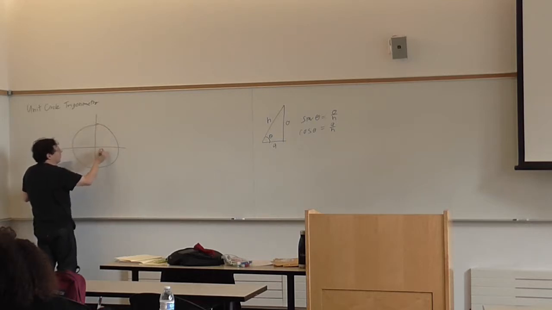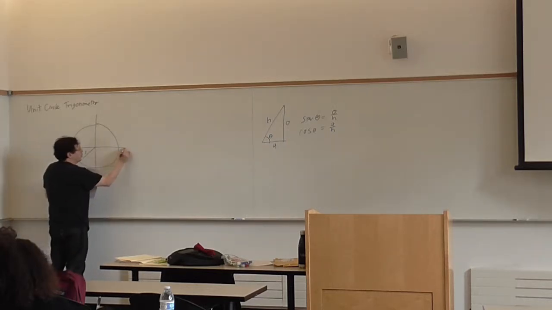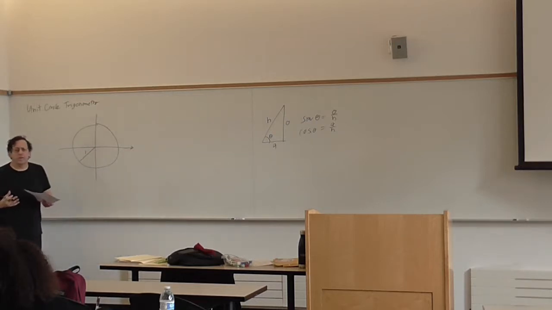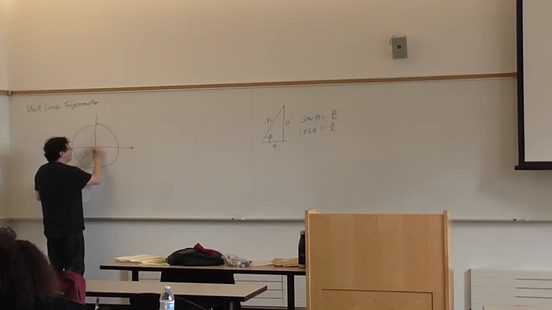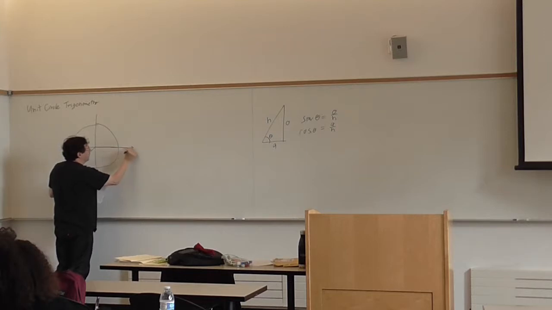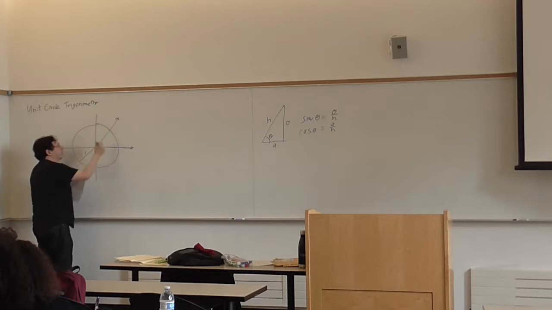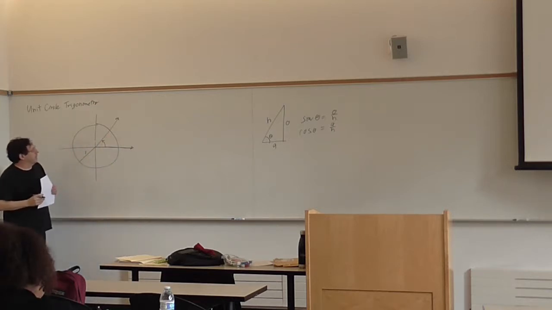By that I mean a circle with radius 1. And we look at angles in the standard position. That is, one of the rays is along the x-axis here, and the other ray, the terminal ray, is just, as before, an angle from this ray.